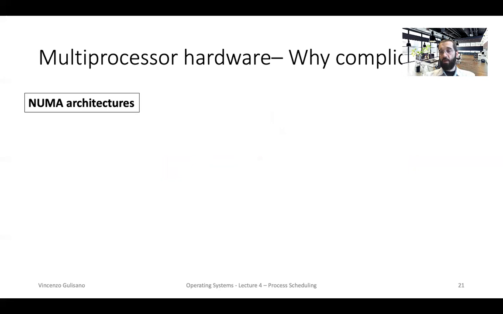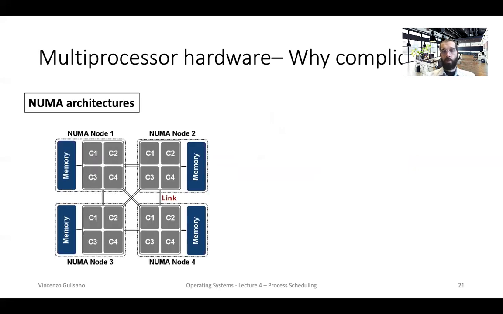We have other types of architectures, the non-uniform memory architectures. Inside a computer, we can have different sockets. Each socket can have its own CPU, and each CPU can have multiple physical cores. This is what is shown in this image. We have 4 sockets, and each of the 4 CPUs has 4 cores.